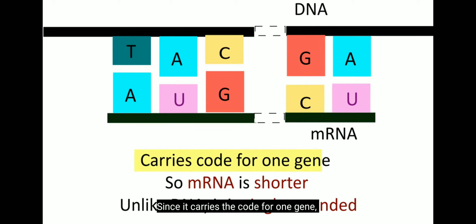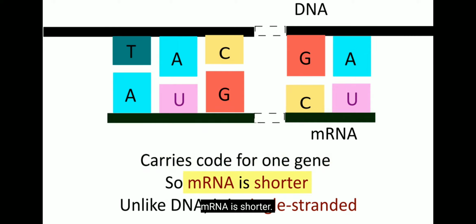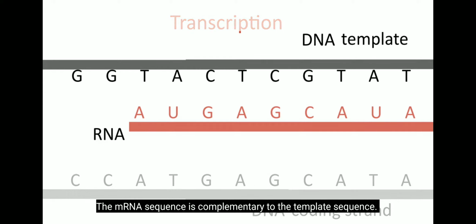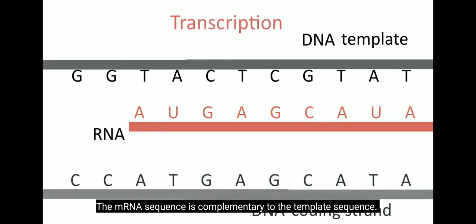Since it carries the code for one gene, mRNA is shorter. It is single-stranded. This means that only one DNA strand is the template. The mRNA sequence is complementary to the template sequence.